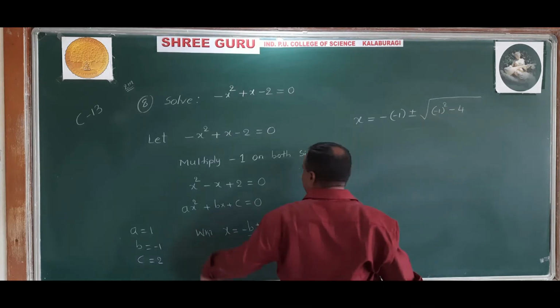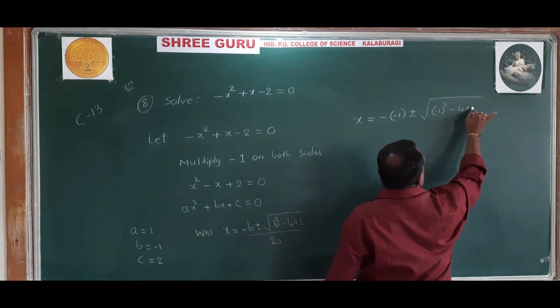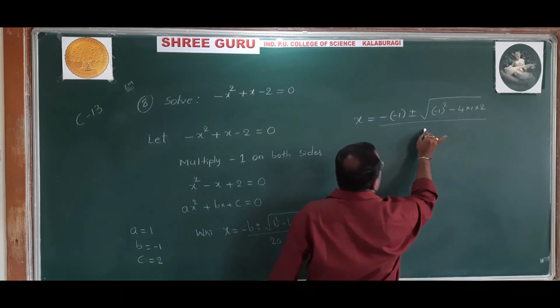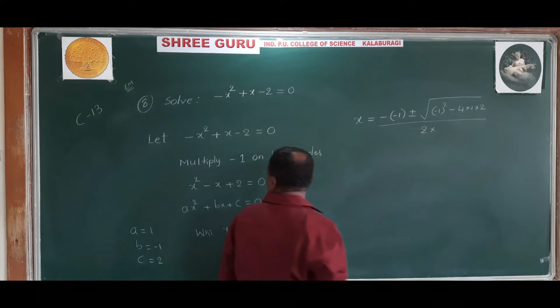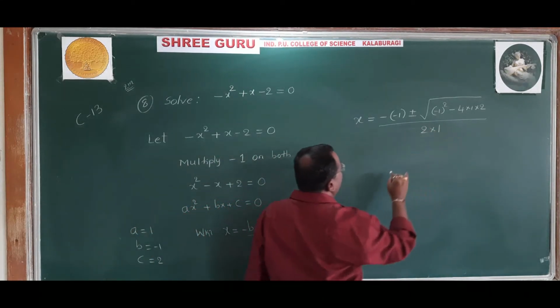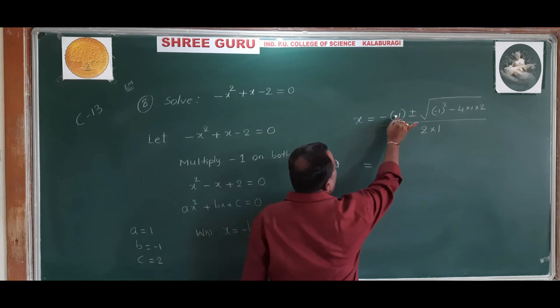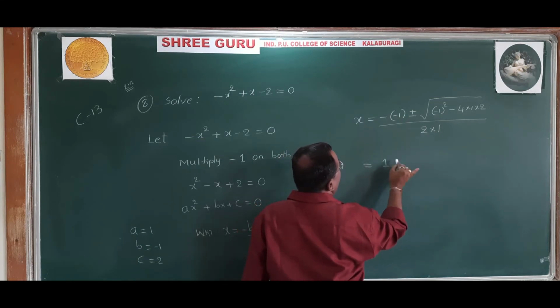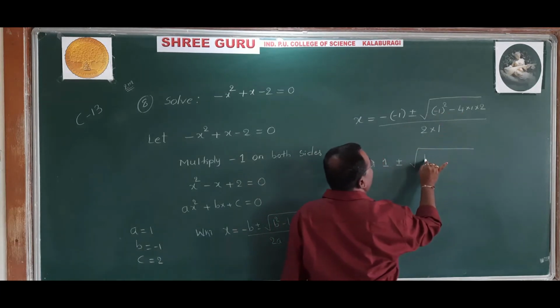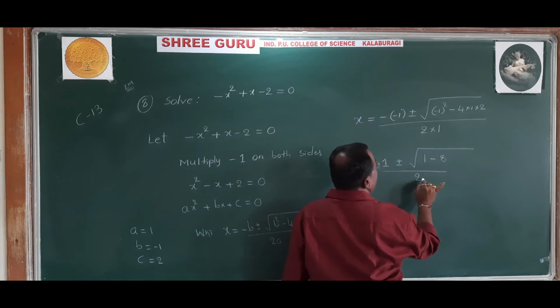A is 1, c is 2, divided by 2 times a, which is 1. That is minus minus plus 1 plus or minus square root of negative square, always positive, 1, minus 4 2s are 8, divided by 2.